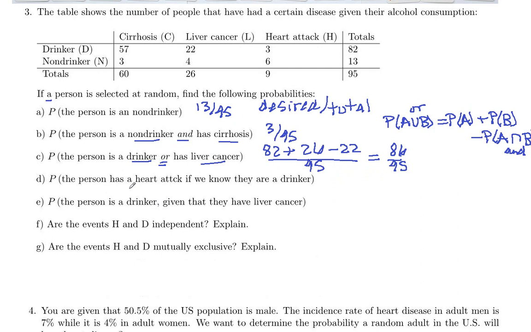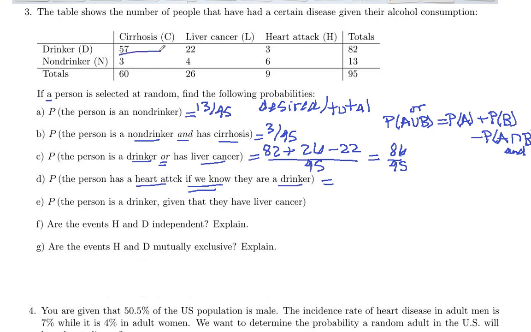What's the probability the person has a heart attack if we know, keywords, they're a drinker. So if we know is telling us that's a conditional probability, that's a given condition. So that restricts our total outcomes. Total outcomes are we know they're a drinker.